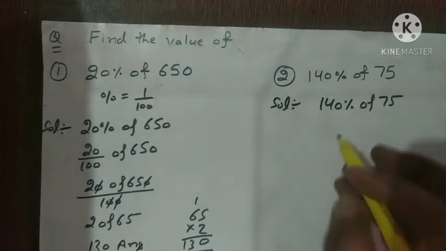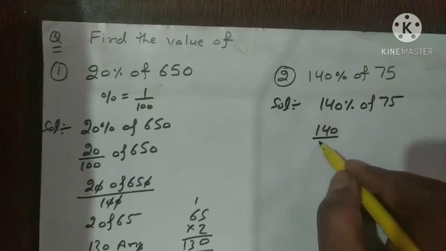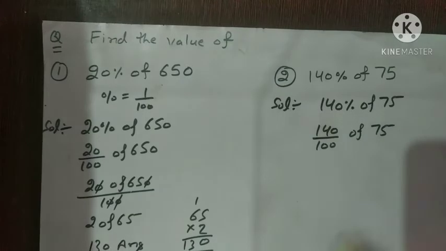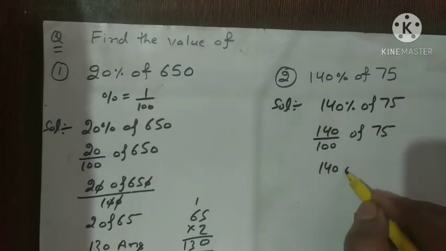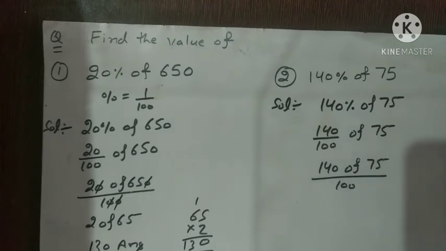Now what is the meaning of percentage? The meaning of percentage is 140 over 100 of 75. Now you see, it means 140 of 75 over 100.